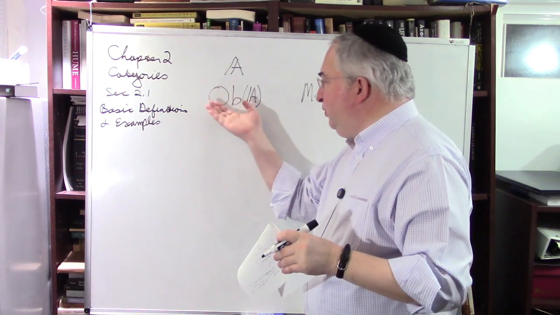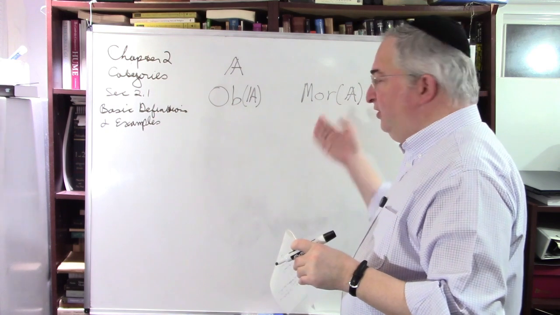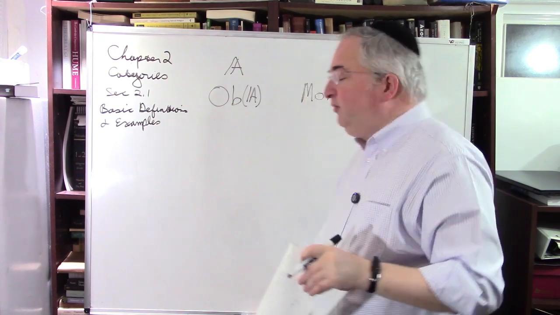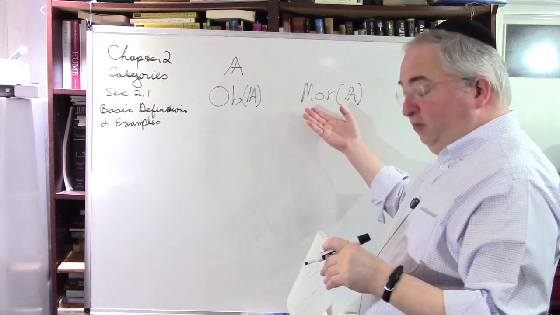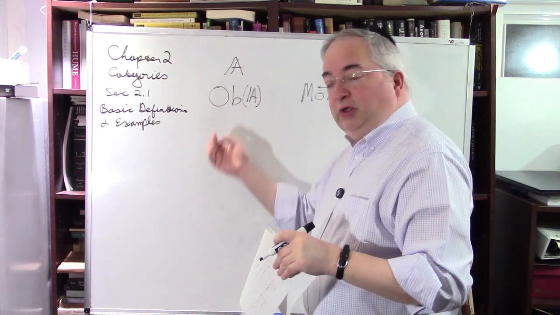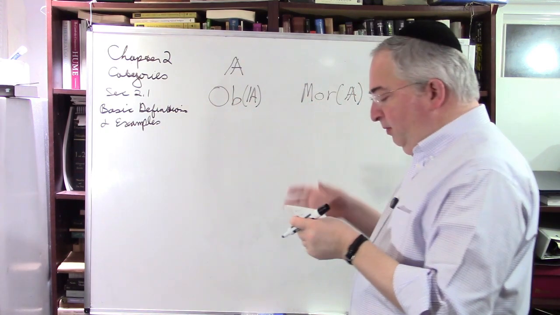So in sets, this was the collection of sets, this was the collection of functions. When we're talking about directed graphs, these were the directed graphs, these were graph homomorphisms. When we talked about groups, these were group homomorphisms.